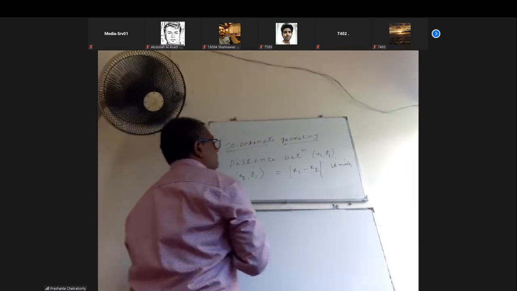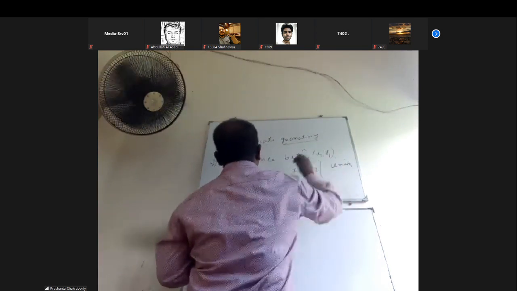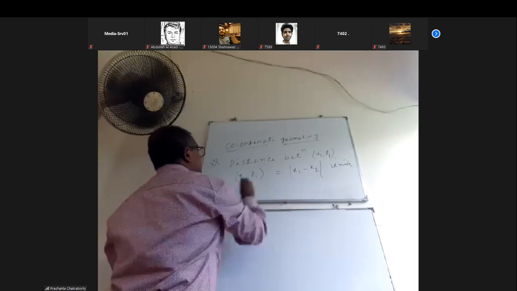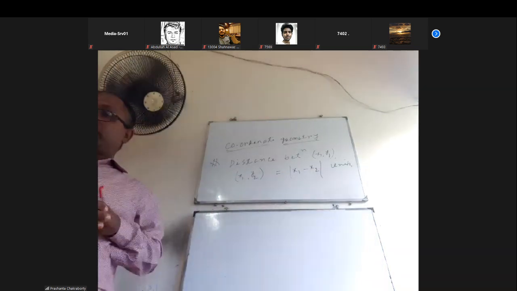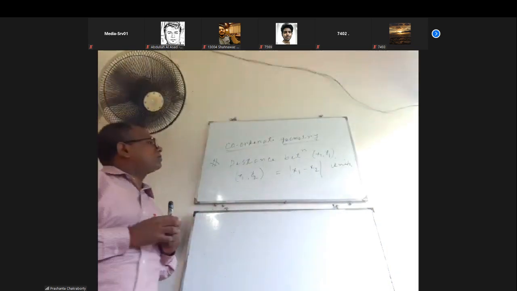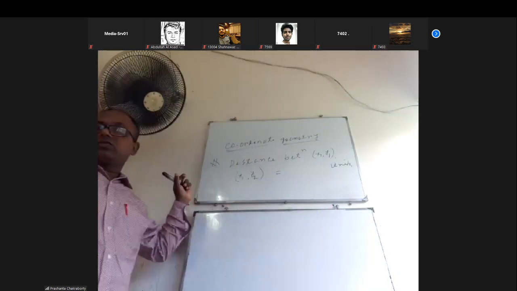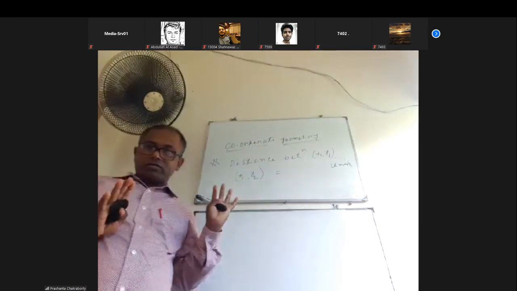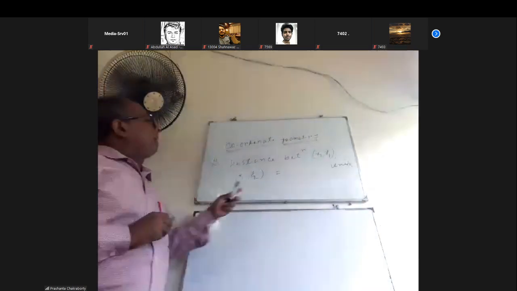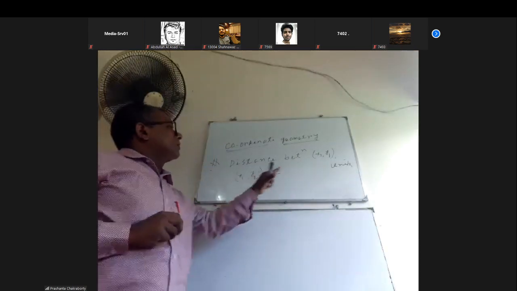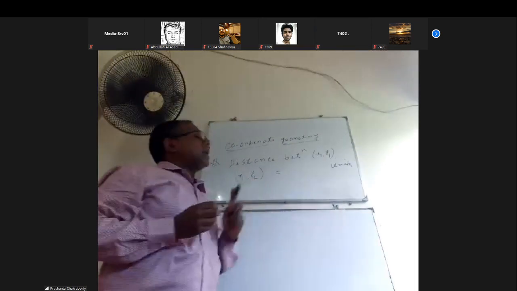Again, friends, what is the difference between these 2 points? These 2 points are different, but there is a dissimilarity between them. x1, that is abscissas are the same, but ordinates are different.